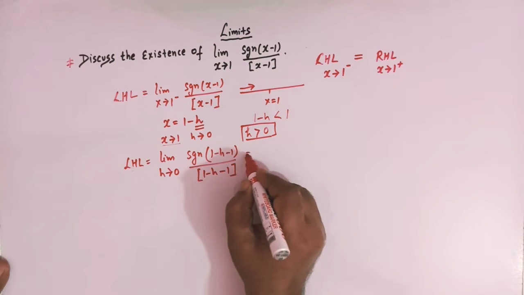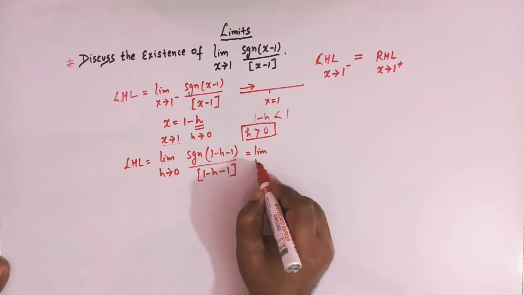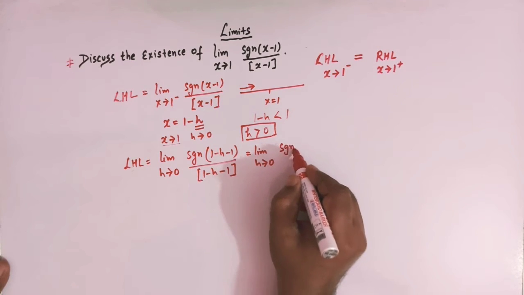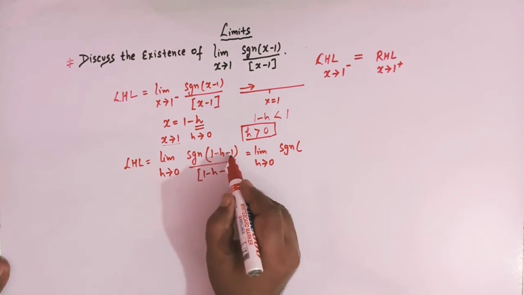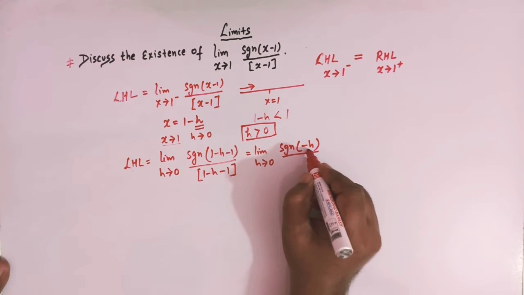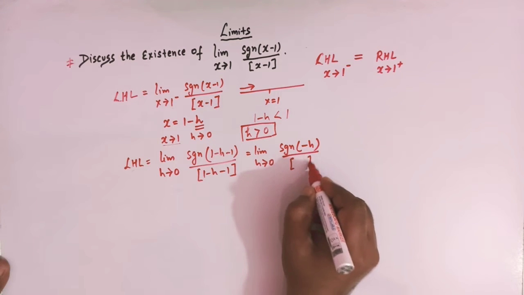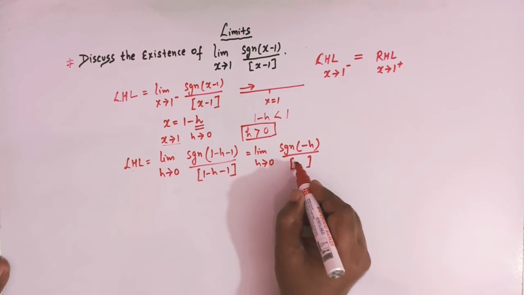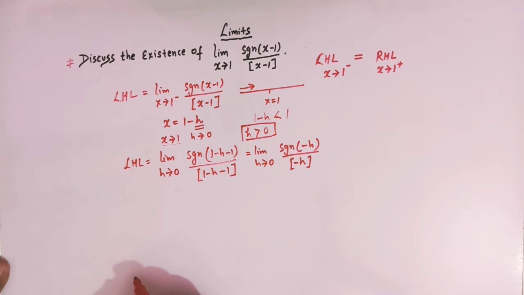Now we can solve this expression. So we have limit h tends to 0, and we have signum of, see, 1 and minus 1 get cancelled, so we are left with signum of minus h, and in the denominator again 1 and minus 1 get cancelled, so we are left with minus h.